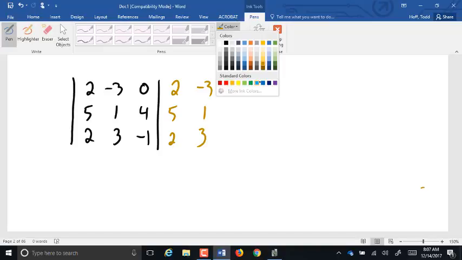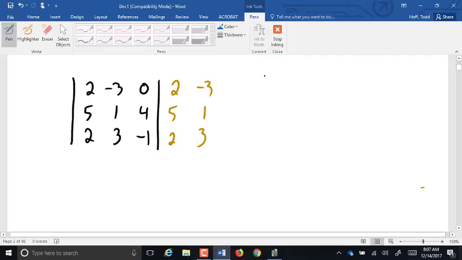So we do, of course, rewrite the first couple of columns at the end. Then we'll multiply. 2 times 1 is 2, times negative 1 is negative 2. Negative 3 times 4 is negative 12, times 2 is negative 24. 0 times 5 is 0, so that's going to be 0 no matter what. So that gives us a negative 26 on the down.